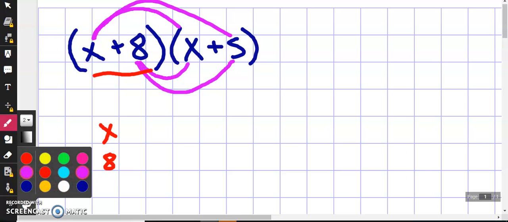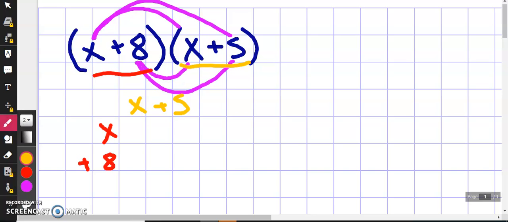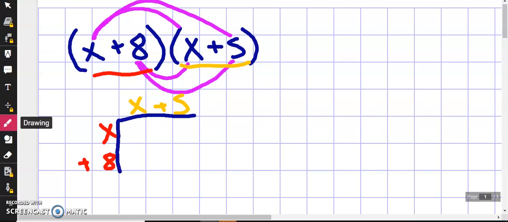And then the x plus 5, I'm going to put just sort of on top of my little box. So we can visualize my box just going right here.